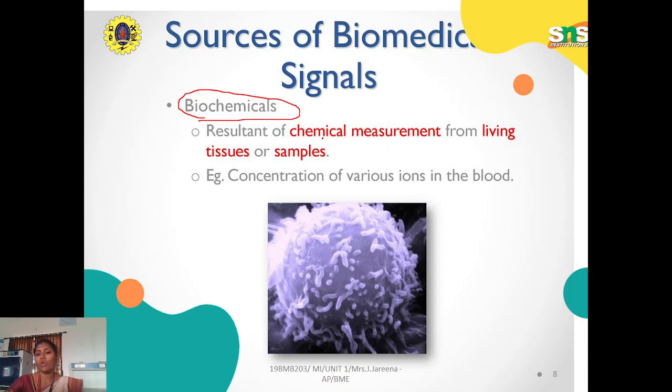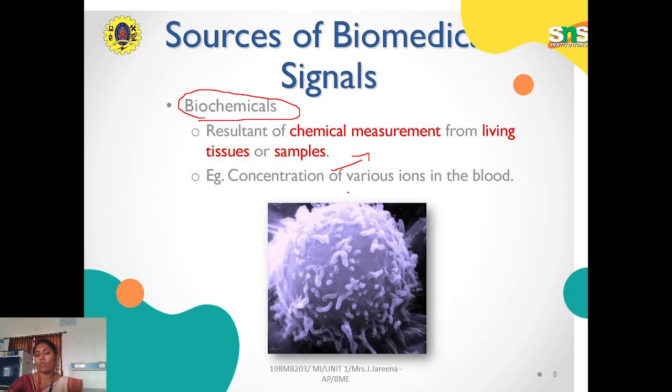That chemical variation, that is the concentration of various ions in the particular area, produces the biochemical signal, due to the concentration gradient in the particular sample.